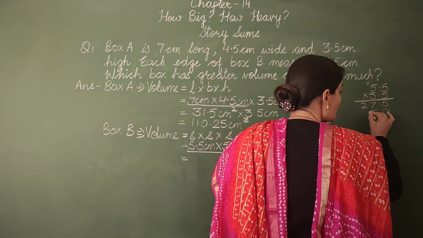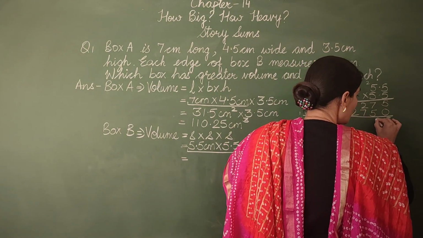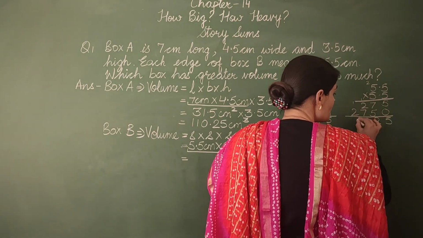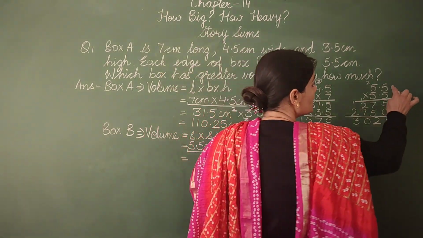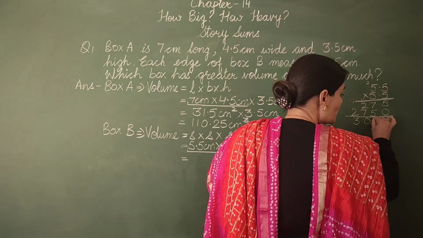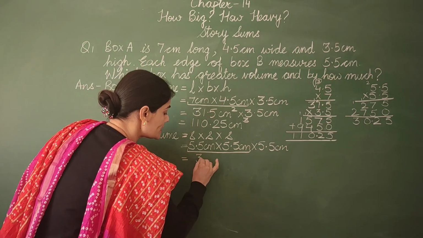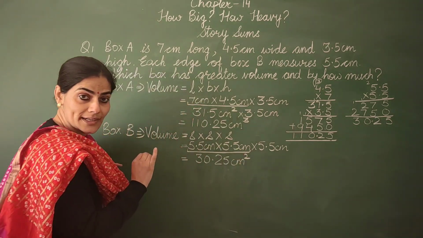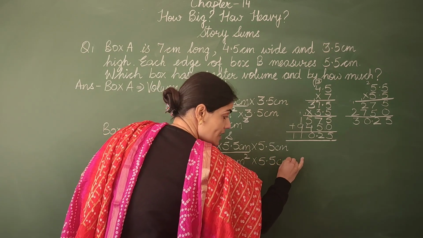So I write here 5, here 7 and here it's 2. Let's add them. This is 5, this is 12, 1 I carry, this is 10 and this makes it 3. Now let's put the decimal at the right place. There are 2 decimal places. I count 2 digits, 1, 2 and put the decimal. So I write the product here. It is 30.25 centimeters squared.